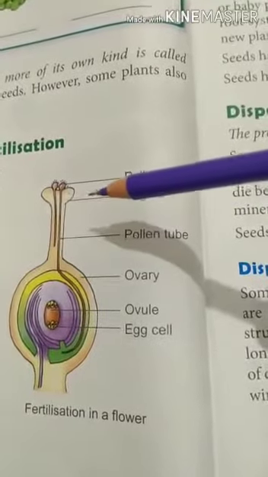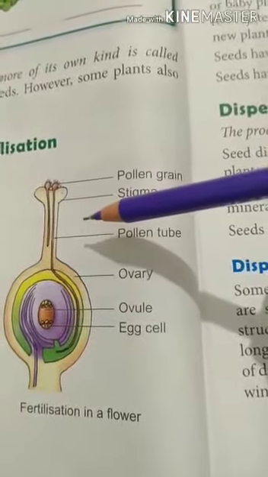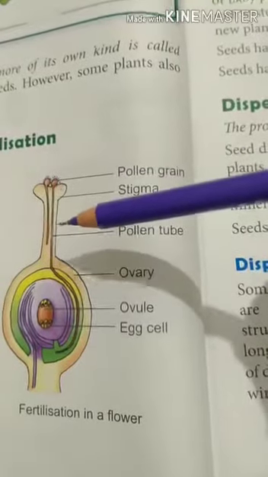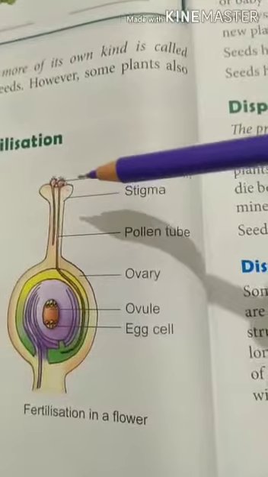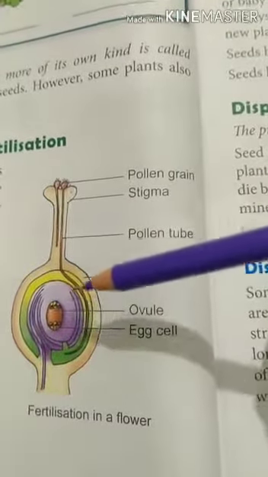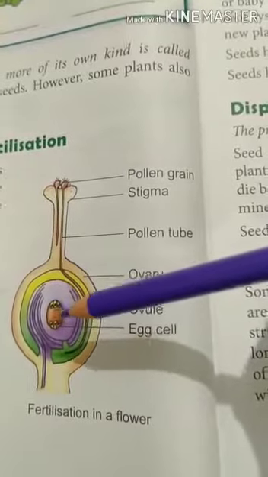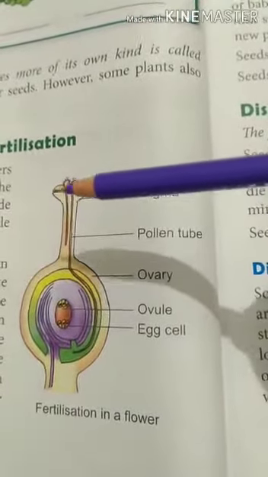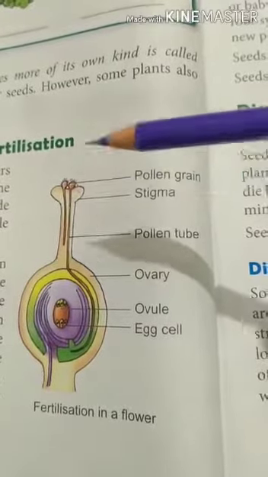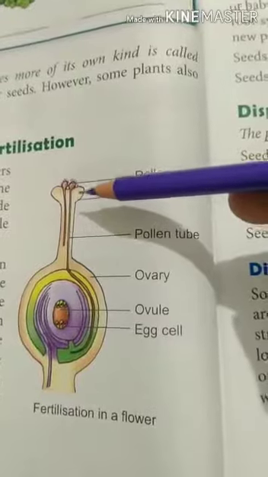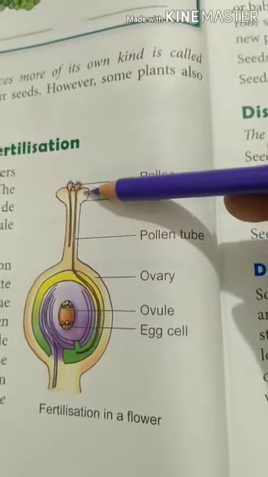Flowers are the main reproductive part of a plant. Male gametes, meaning male cells, are present in pollen grains inside the anther, and female cells are present in the ovule inside the ovary. When pollen grains fall from anther to stigma, pollination happens. The stigma is the swollen and sticky part of the pistil.